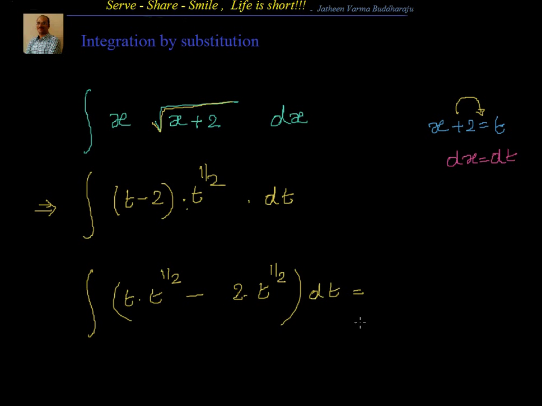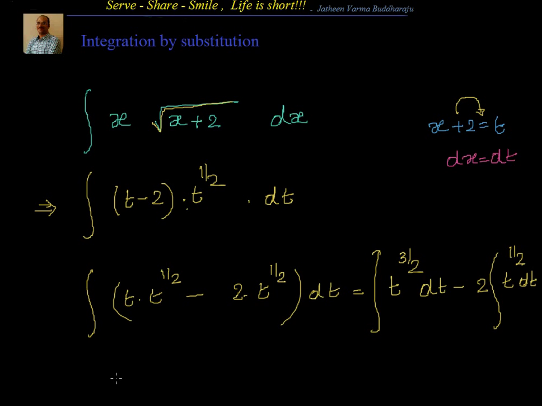That's equal to t into t to the power of 1 by 2 is t power 3 by 2 integral. I will separate them now and say dt of that minus 2 into integral of t to the power of 1 by 2 dt.